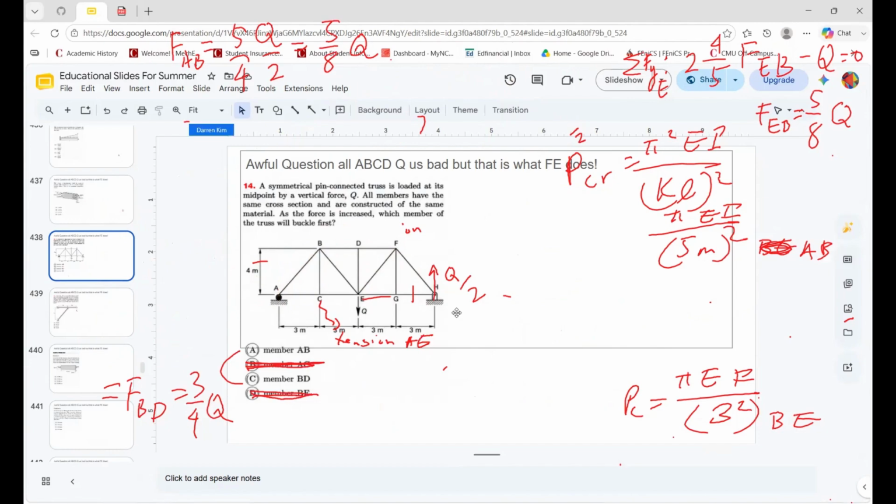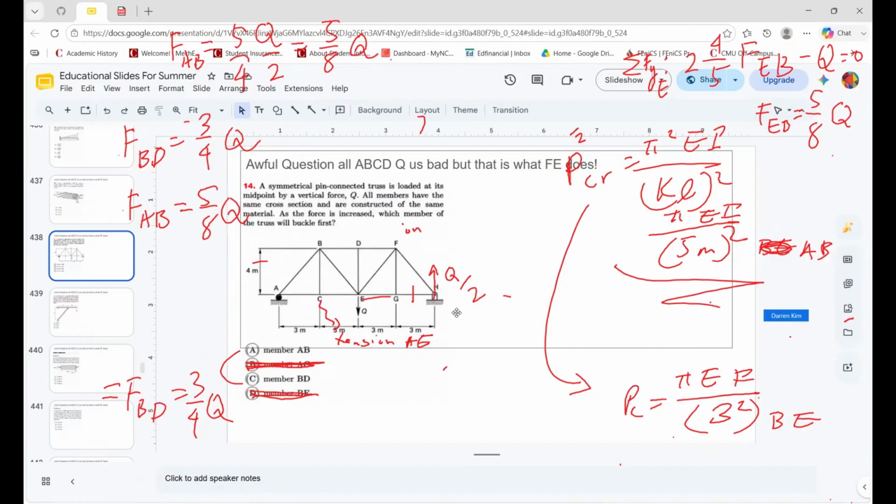And then we can begin by saying FBD equals 3 divided by 4Q, and FAB equals 5 over 8Q, basically. And with that said, we have these two now that equal PCR and PCR. One way we can do it is basically make a ratio out of it. Divide both of them, is what I'm saying. Because if I divide PCR by FBD, it would equal pi EI divided by 3 square, and then 3 divided by 4Q.